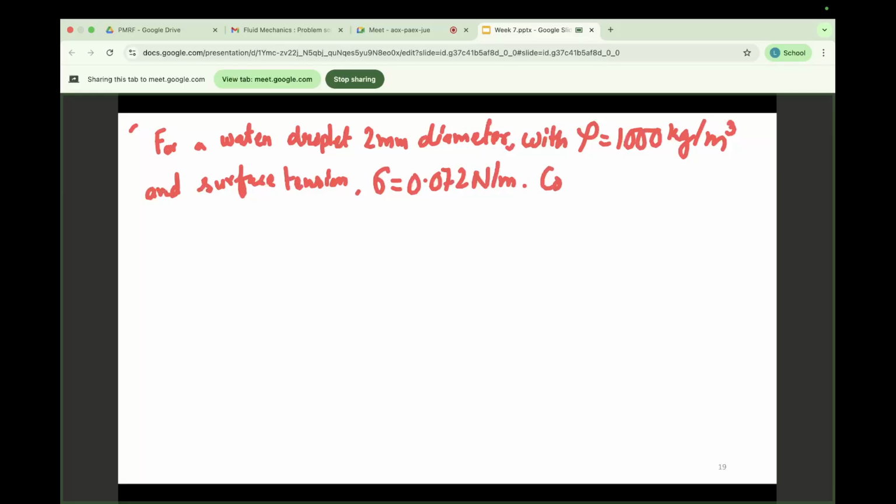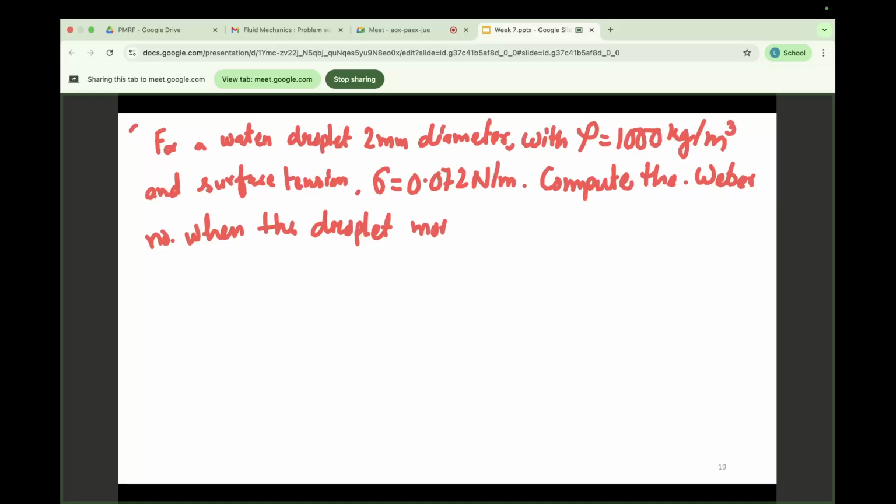So you are asked to compute the Weber number when the droplet moves with velocity first 10 meter per second.